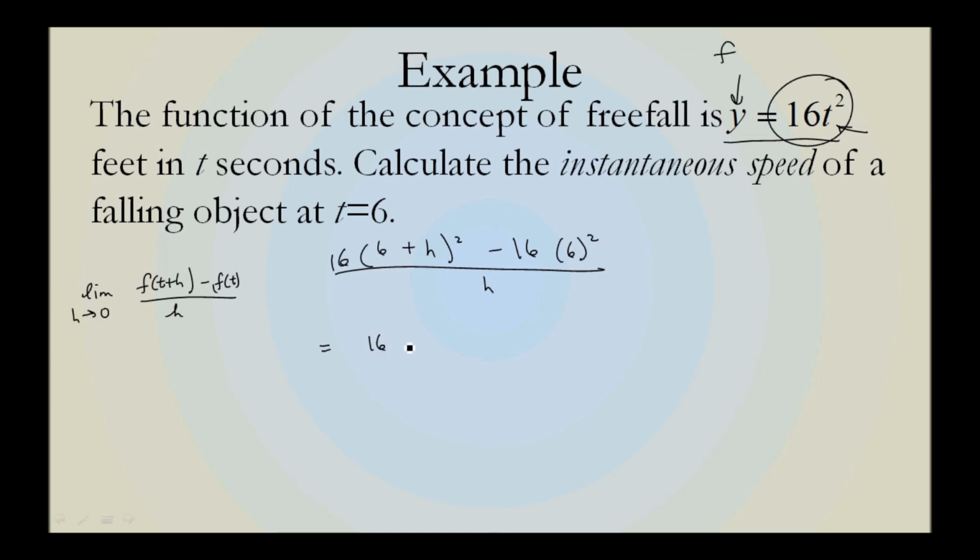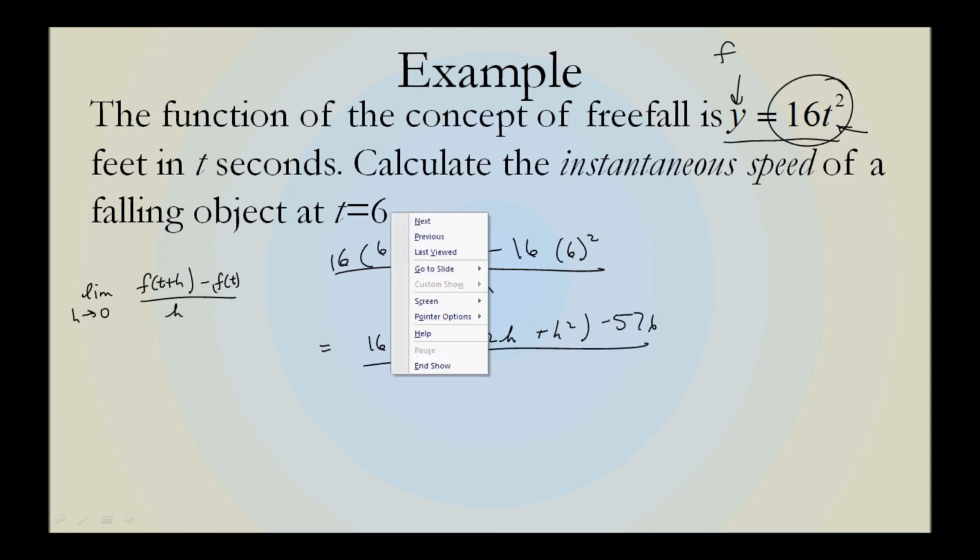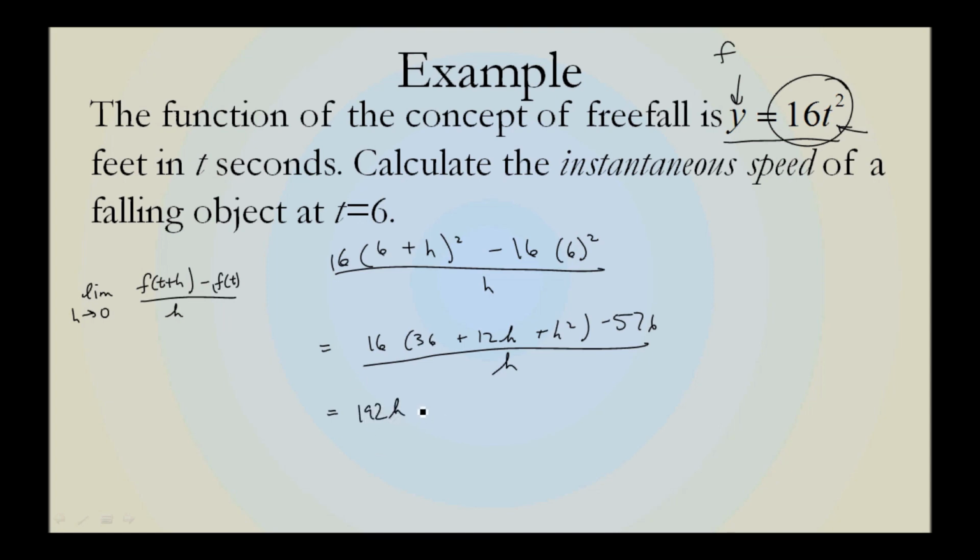So this equals 16 times the quantity 36 plus 12h plus h squared minus 576, divided by h, which is 192h plus 16h squared divided by h. This equals 192 plus 16h.